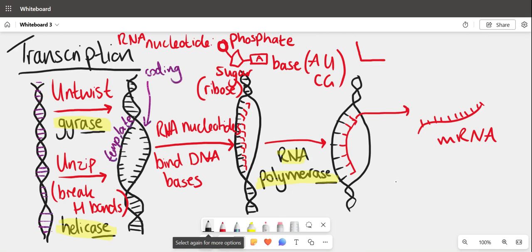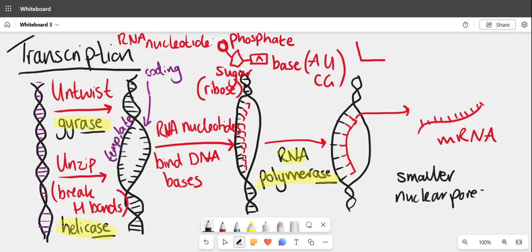This mRNA that we've made is a small molecule, much smaller, as you can see, much smaller than the original DNA, and therefore it can fit out through the nuclear pores. So it's going to go out of the nuclear pores and is going to go and find a ribosome, probably on the rough endoplasmic reticulum, possibly free in the cytoplasm.